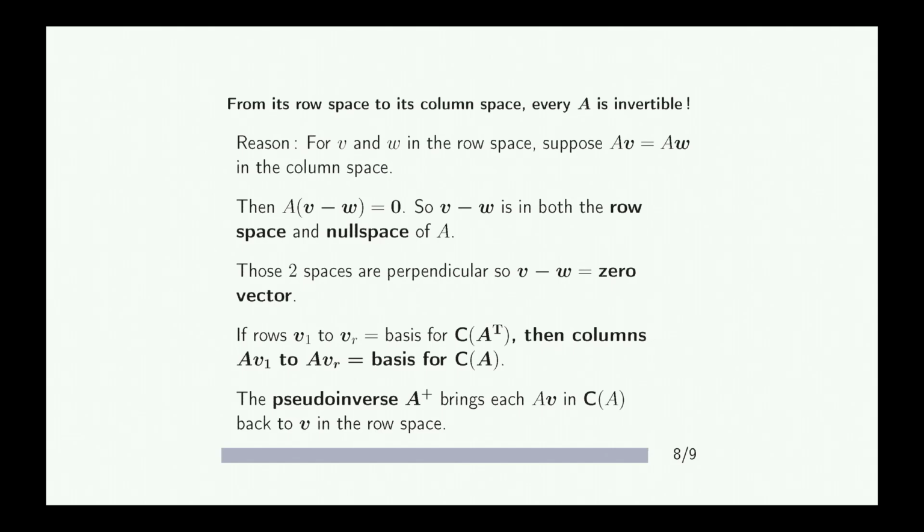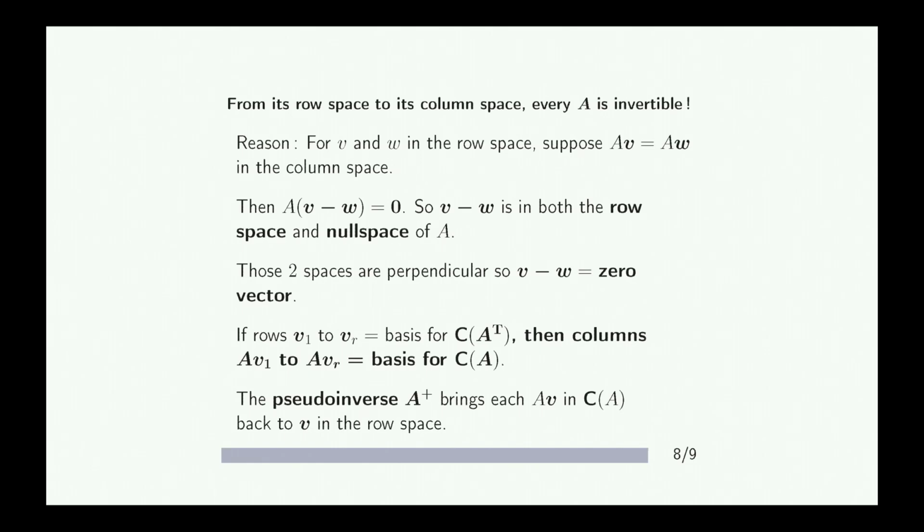Everything, when I multiply by A, fills the column space. And for that part of the problem, from row space to column space, from a space of dimension R to a space of dimension R, the matrix is invertible.